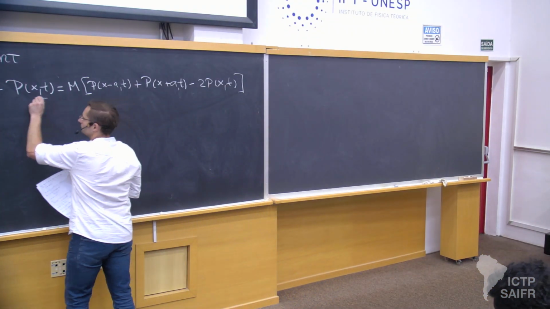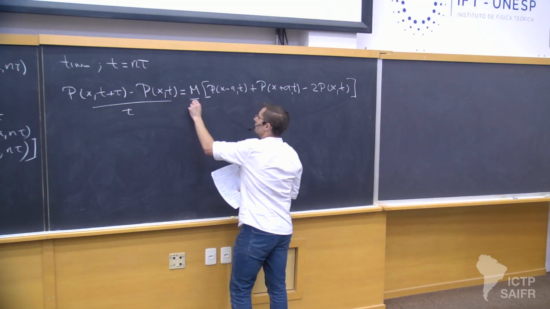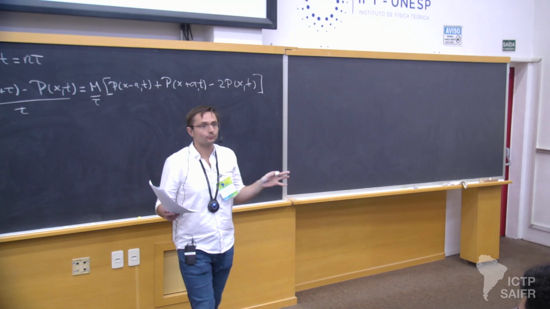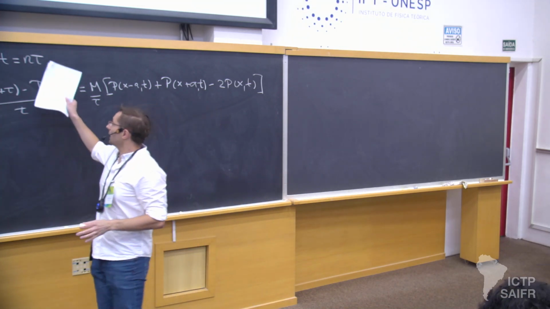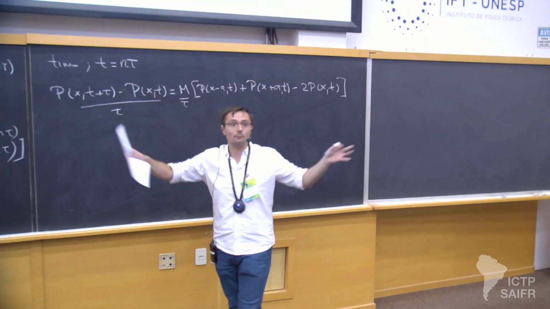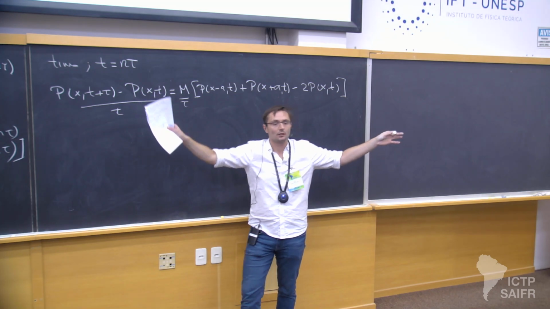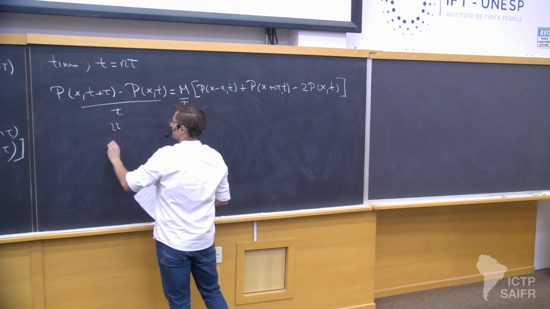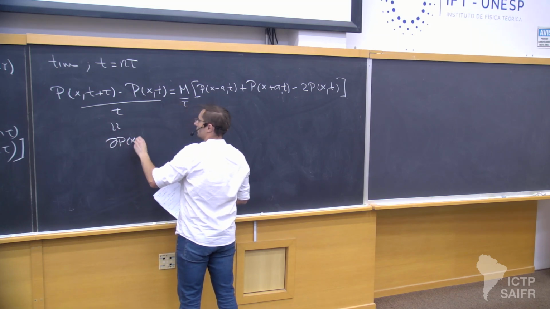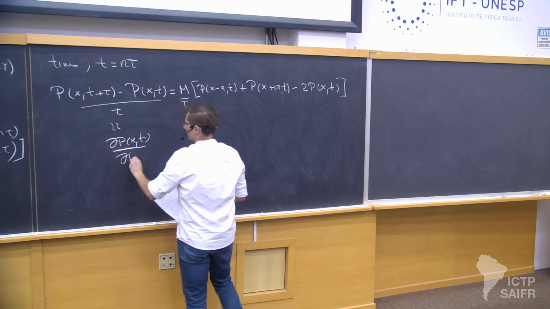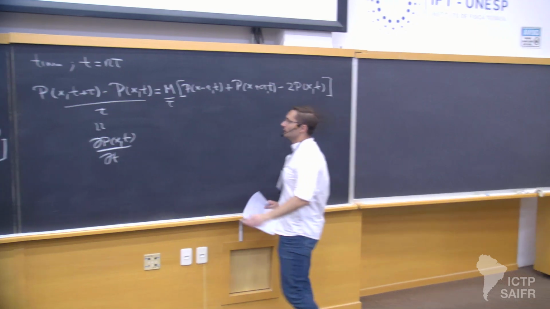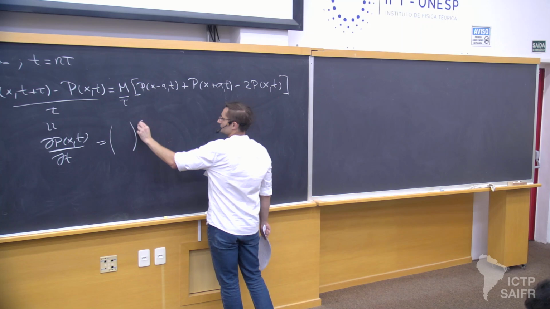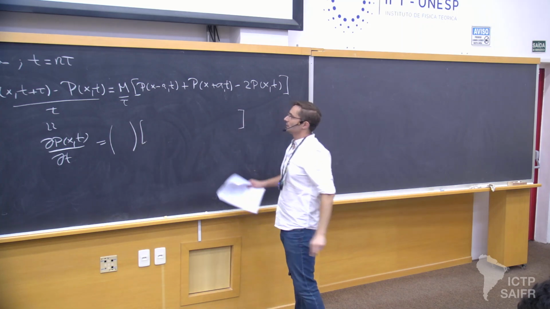Okay, next thing I can do: if I divide both sides by τ, and τ is much, much smaller than the observation time at which I'm looking at my system, or I take the limit of τ going to 0, what I have here is the derivative of the probability distribution function with respect to t. And what I have here is something that we are going to discuss, times all these probabilities.